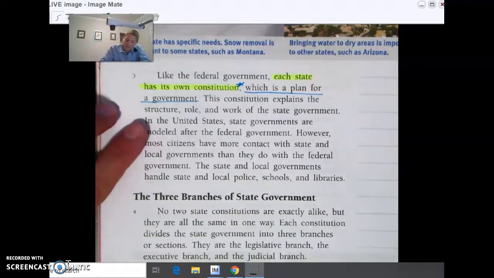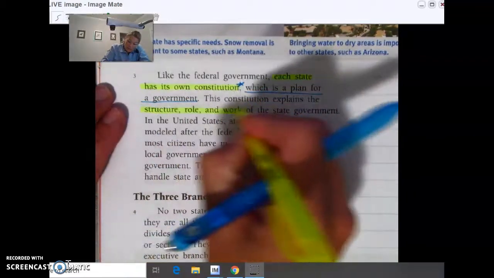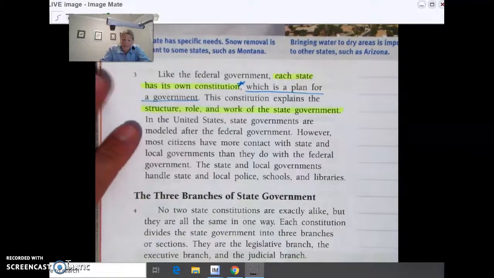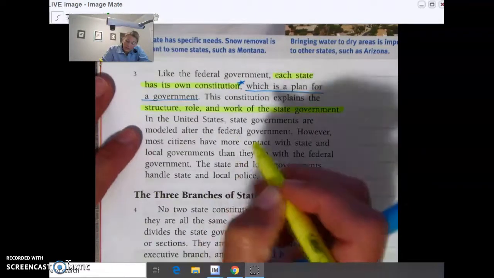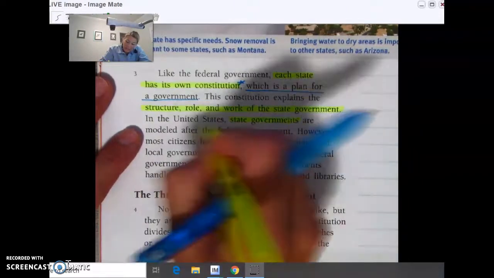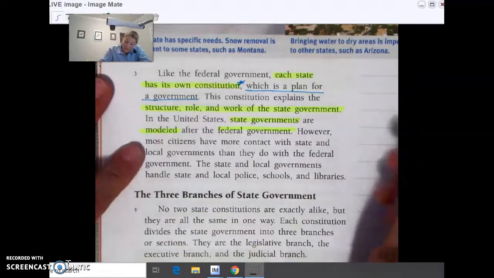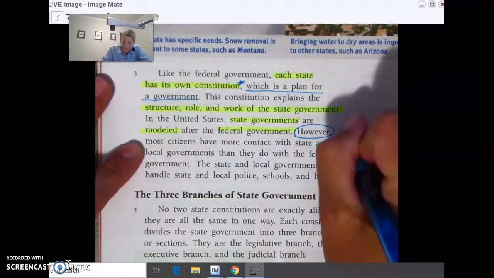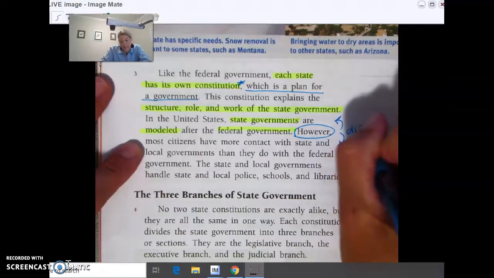The Constitution explains the structure, the role, and the work of the state government. In the United States, state governments are modeled after the federal government. So they kind of plan it and they model it the same. However, I like this word, however. It tells me that this might explain some differences.